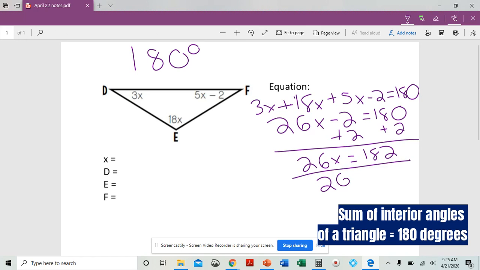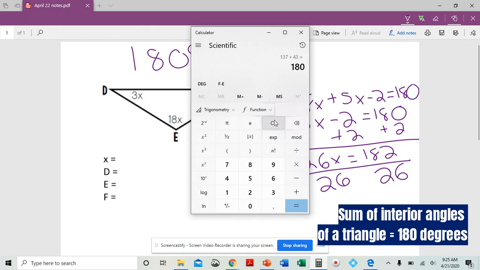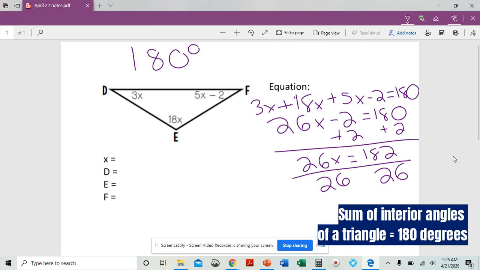Isolate our variable by dividing by 26. Pull out our trusty calculator. 182 divided by 26 is going to give us 7. All right, so x equals 7.